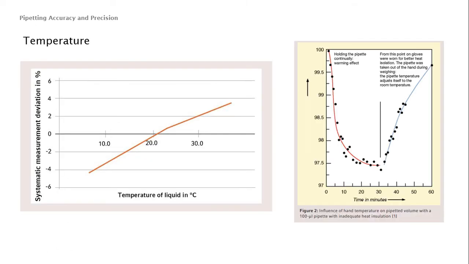Now we go to the temperature. Temperature affects pipetting greatly. This really is a very big factor in choosing a brand of pipette. Temperature can affect your pipetting in many ways. The first way is that the heat from your hand can be transferred to the body of the pipette, and from the body of the pipette it can transfer to the air cushion inside.